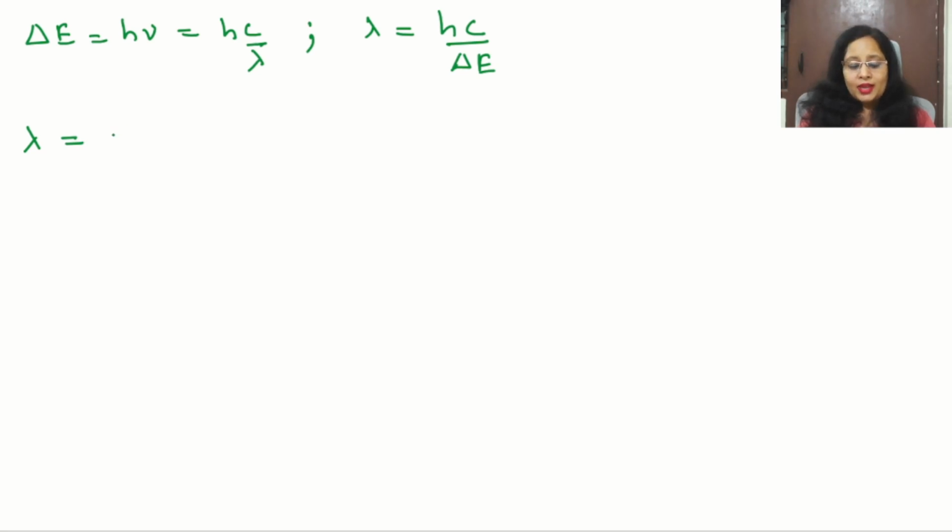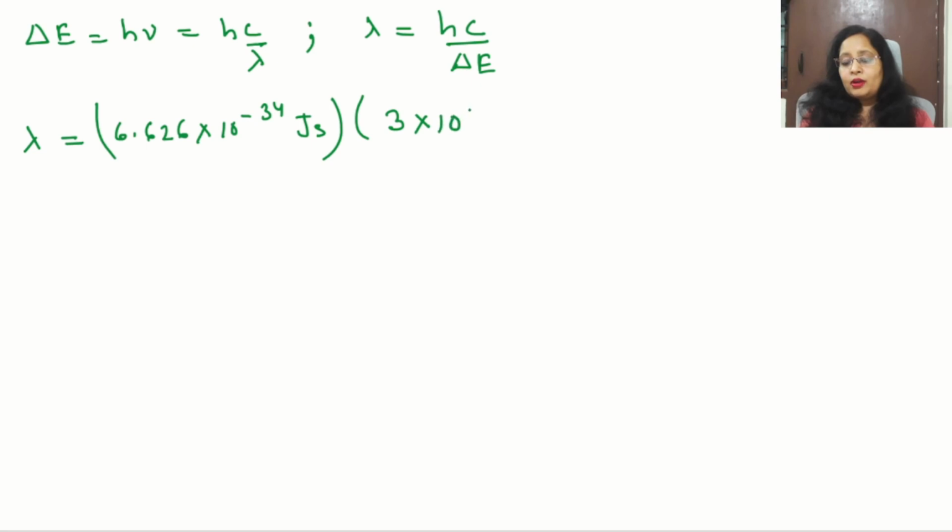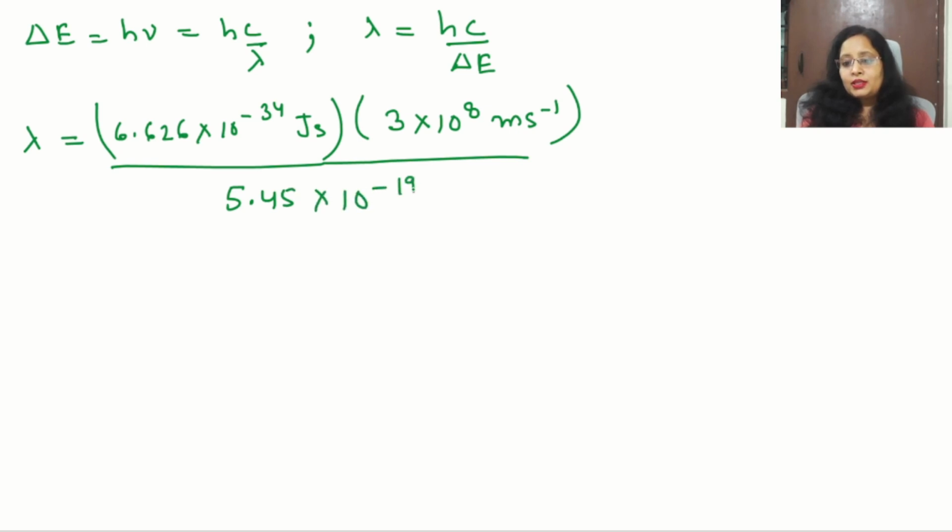That is, wavelength lambda is equal to h, Planck's constant, whose value is 6.626 into 10 to the power minus 34 joule second, multiplied by c, the speed of light, whose value is 3 into 10 to the power 8 meter per second, which in turn is divided by delta E. Delta E value is 5.45 into 10 to the power minus 19 joule.